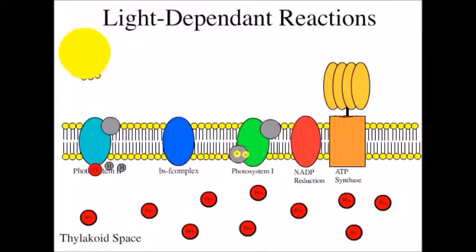The electrons that left photosystem 2 arrive at photosystem 1. In photosystem 1, photons of a wavelength of 700 nanometers re-energize the electrons.